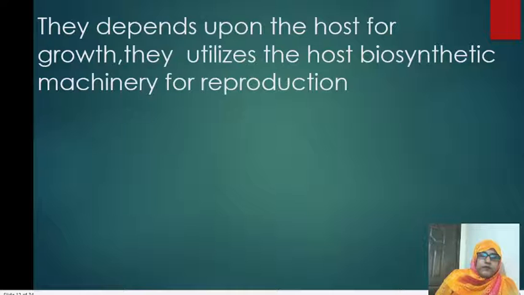They do not have any biosynthetic machinery of their own and cannot metabolize anything. They use the biosynthetic machinery of the host cell and increase their number inside that living host. And obviously if it reproduces inside a living host, then it will cause disease.